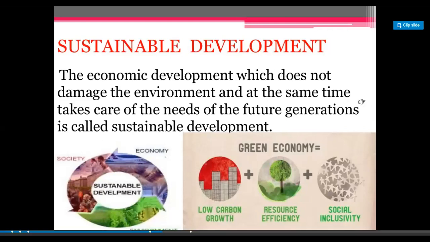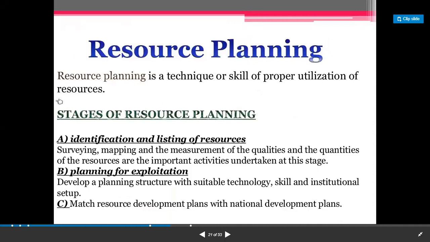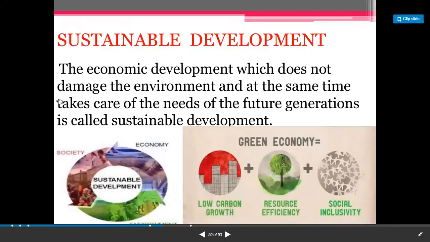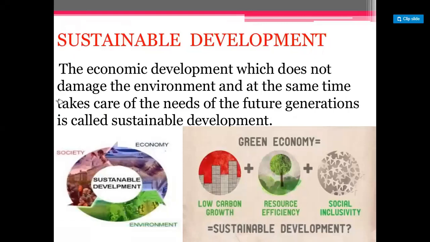Now, sustainable development. In 1992, more than 100 nations joined together. That was the last decade of the 20th century. Countries of the world were worried about the development process.